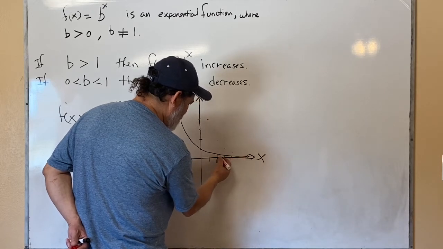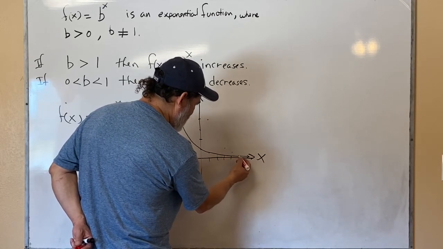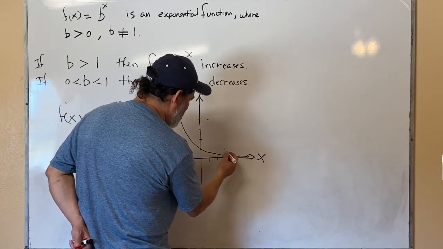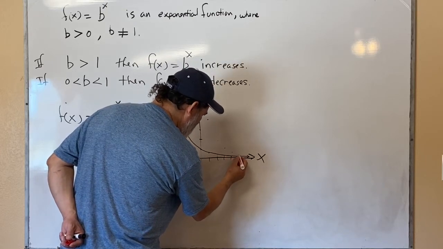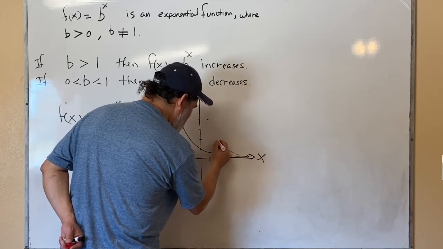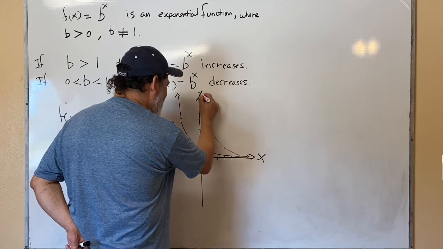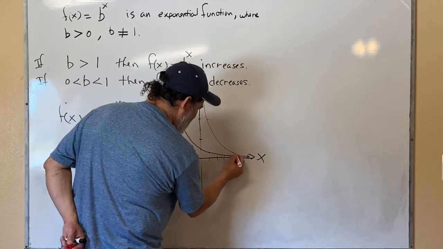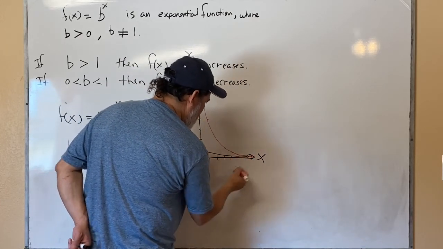You see this point? 1, 2, and 3. It moves there. Every point moves 3 units to the right. So this is the graph.